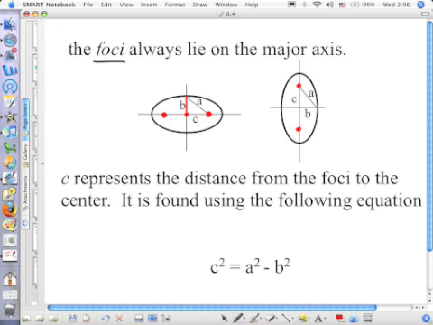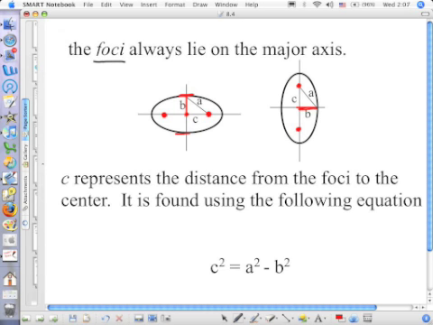Now look back up here. In this horizontal ellipse, the minor axis is the y-axis, and so B is the distance on the y-axis. When I take my ellipse and make it vertical, now B is here. Why? Because the minor axis moved. But it's still the distance from the center to the end of the minor axis.